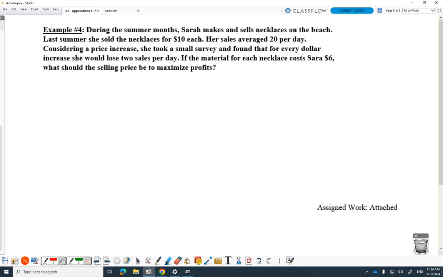All right. We've had 2 warm-up ones where I did the table. And I'll do the table again if we need to. But I'm going to go after the algebra. Here's the algebra, okay? Let x be the number of $1 increases.